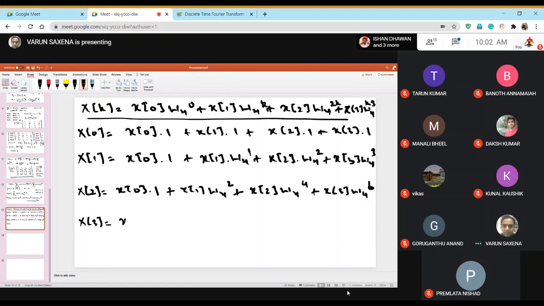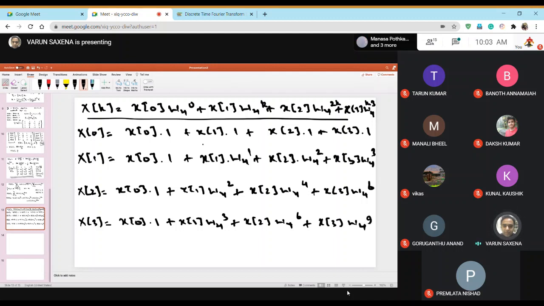Then X3 is x0 into 1 plus x1 into W4^3 plus x2 into W4^6 plus x3 into W4^9.